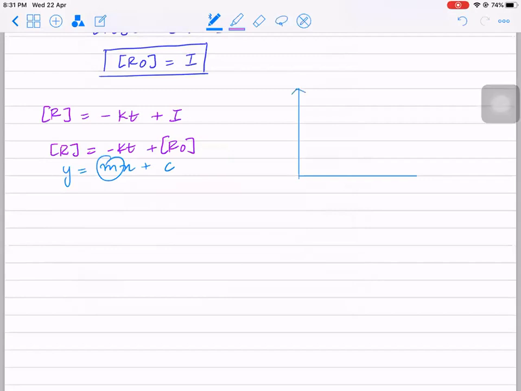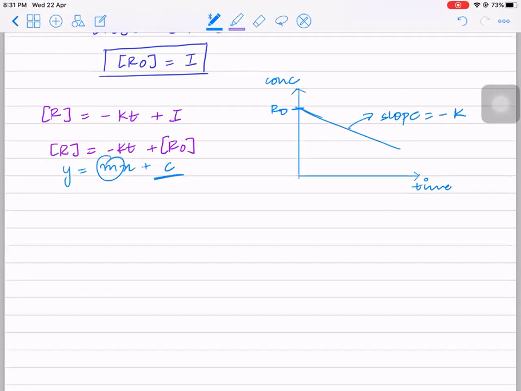So this right here is y = mx + c, where your y-intercept would be R naught, and it will have a downward slope. That is why we have a negative slope. You have a minus k, that is your gradient. Over here you have the concentration, and over here you have time.